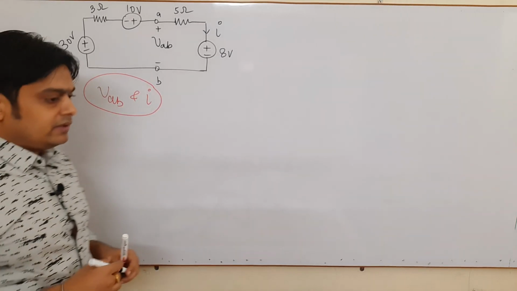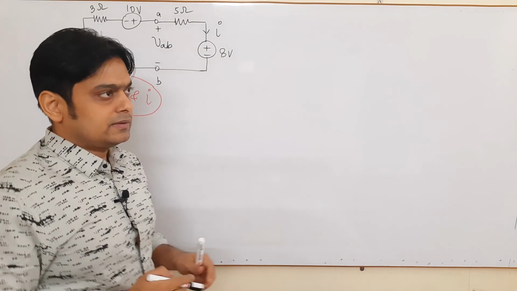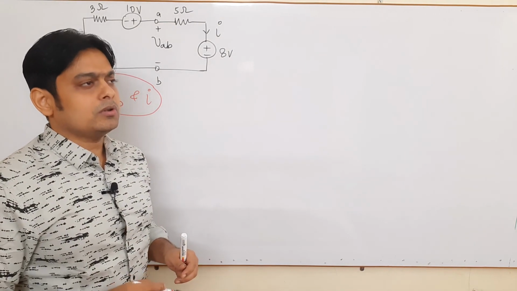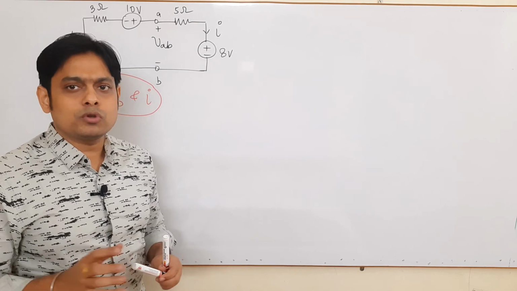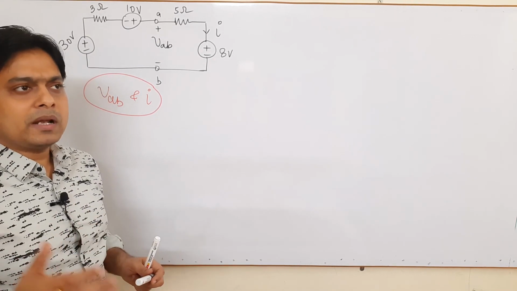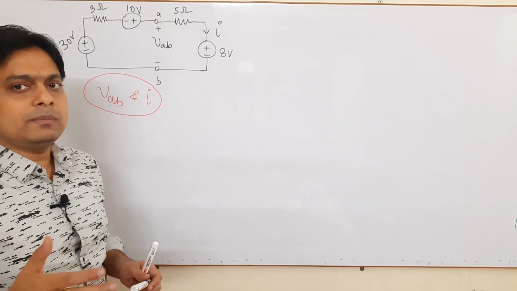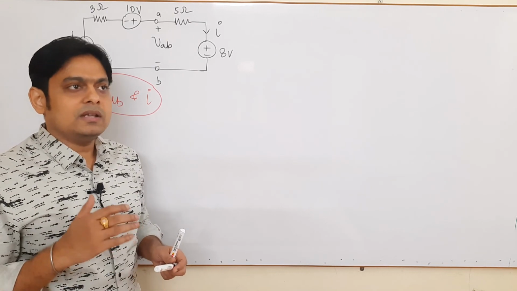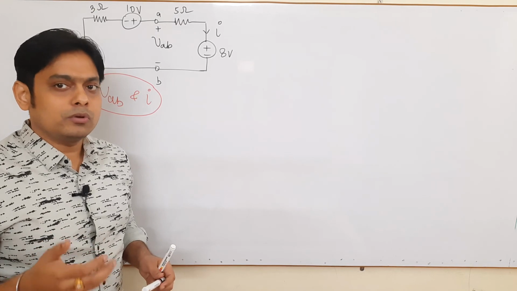So always keep in mind, when there is a single mesh or say two meshes, generally we apply the concept of KVL. But when there are multiple parallel branches, one can easily apply the concept of node analysis.